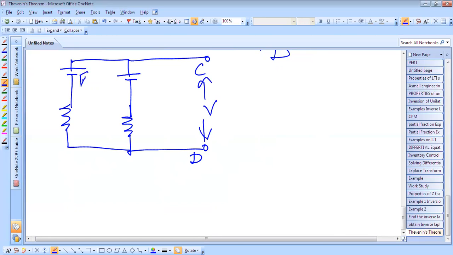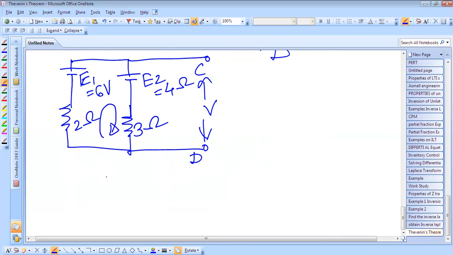Now we have to measure the potential difference across this. So this is E1, this is E2, this 2 ohm, this is 3 ohm. This is 6 volt, and this is 4 volt. So now we have to find the current flowing through this loop.